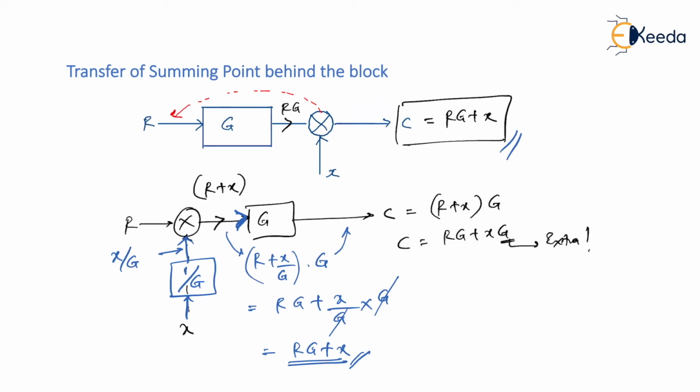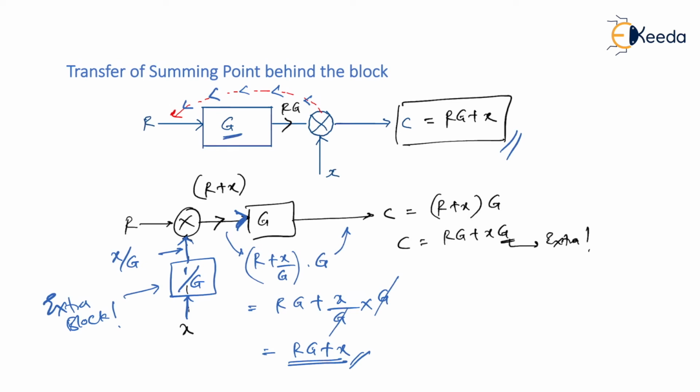Am I right? Then what property says? It is very simple. Rule says that whenever you are shifting summing point behind the block, you have to add extra block. As you can see, this is extra block. So you have to add extra block having transfer function inverse of the block behind which you are trying to shift.